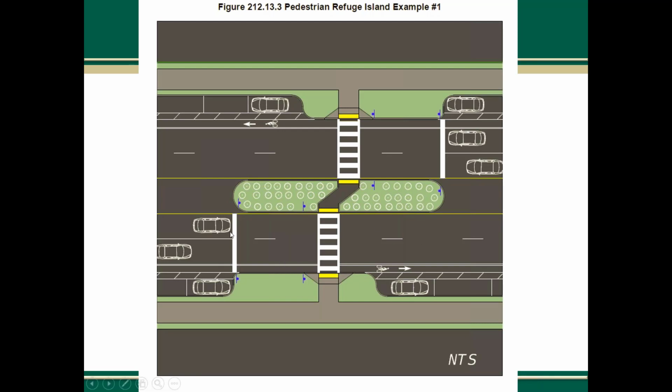We have the stop bar placed back quite a ways from the crosswalk to help with multiple threat crashes, and that's when there are multiple lanes of traffic and one car's stopped but blocking the view of the pedestrian for the other car. Here we have a slight slant in the mid-block crossing. What that does is it engineers the pedestrian to be walking in a way that's facing oncoming traffic, and hopefully they'll be more likely to see the traffic and yield if necessary.